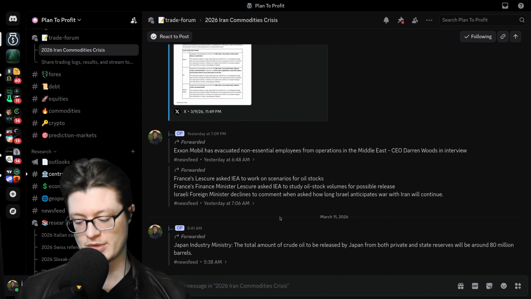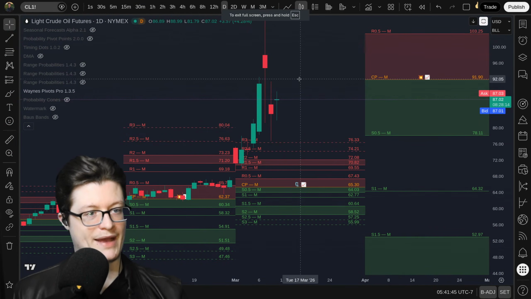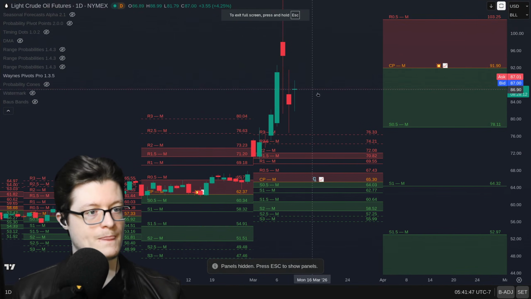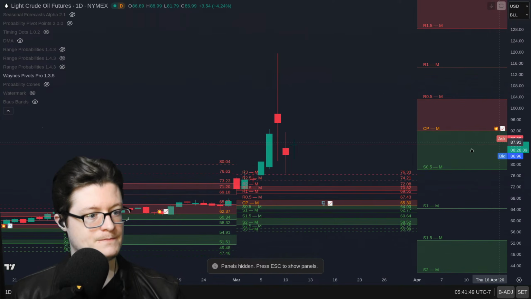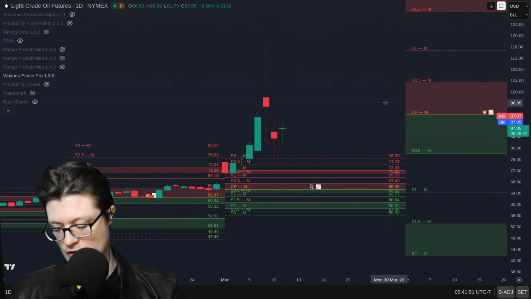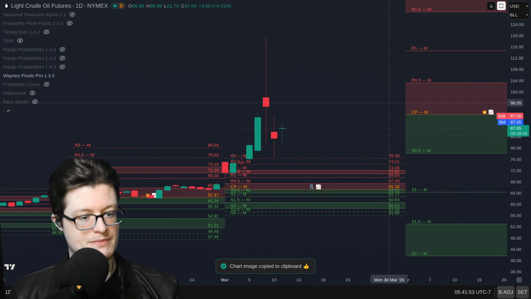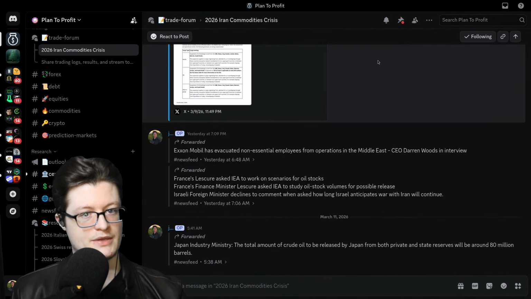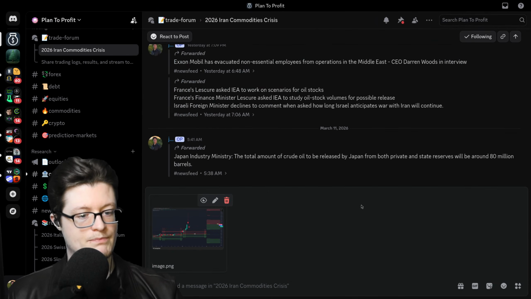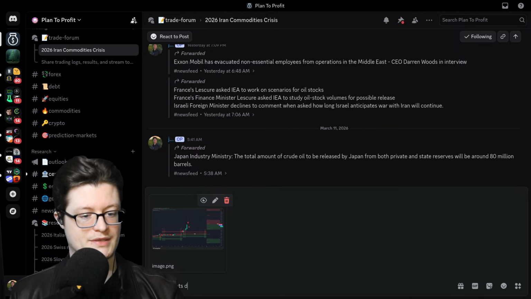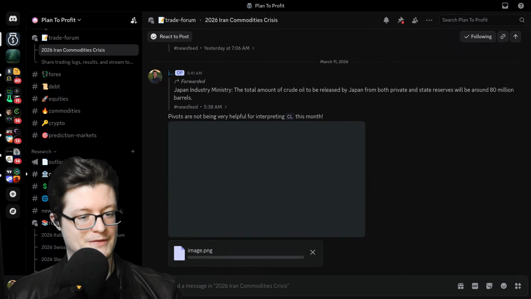And if we want to do a particular chart, so if we go back over here, make the chart nice and pretty, we can go ahead and do the exact same thing. I can copy the chart to my image. We can go over here, post in here and say pivots are not very helpful for interpreting CL this month.